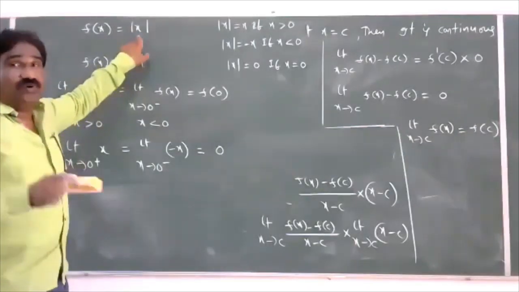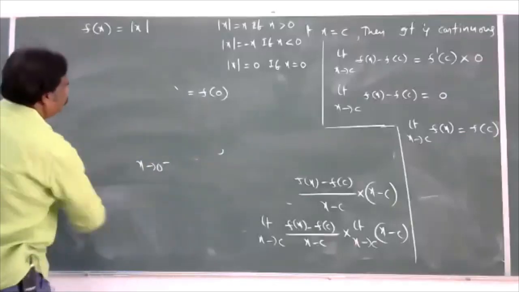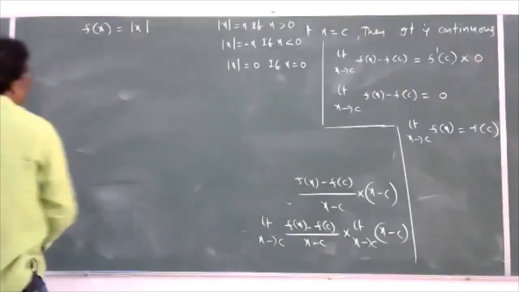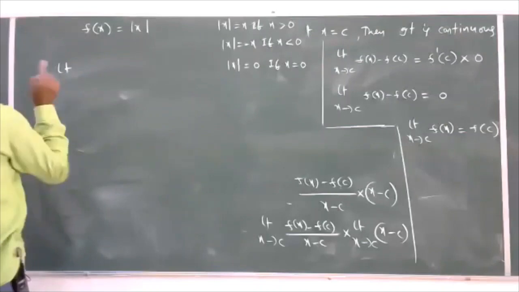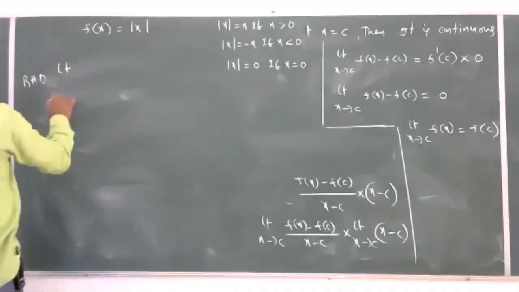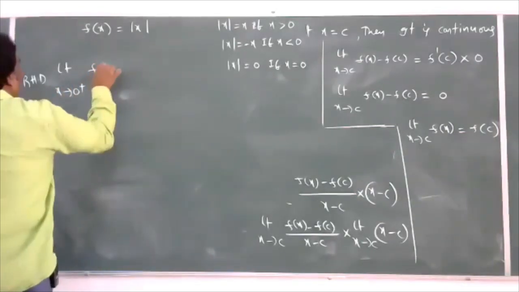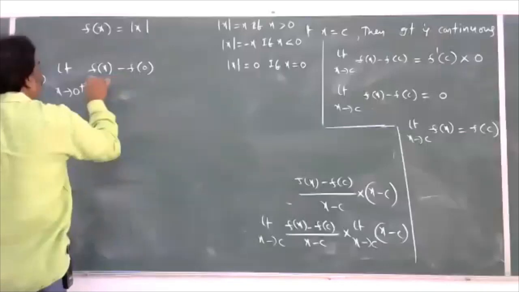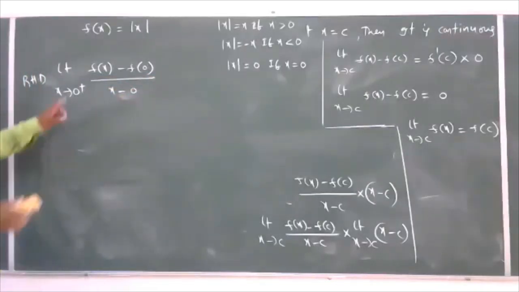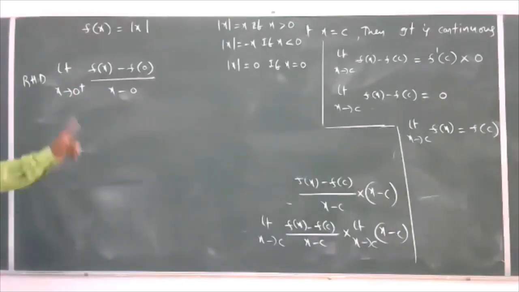Here we prove mod x is not differentiable. See, why is mod x not differentiable? What is the differentiability? Right hand derivative, RHD, limit x tends to 0 plus f of x minus f of 0 by x minus 0. Here c is 0. At 0 we discussed here. Here c value is 0.